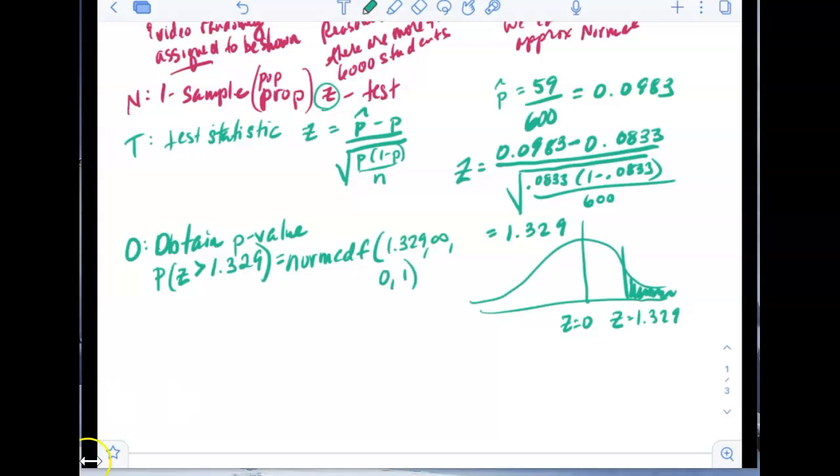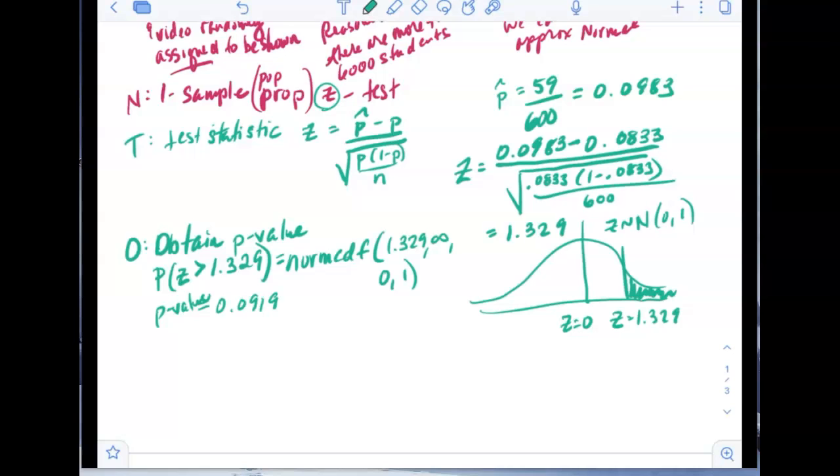So that's our next step. All right, and the probability that I get is 0.0919, so about 9%. So that is our p-value. The last thing we want to do in this step is not only just draw this, we want to say that Z is approximately normal with a middle of 0 and a spread of 1, in this case. Cool.